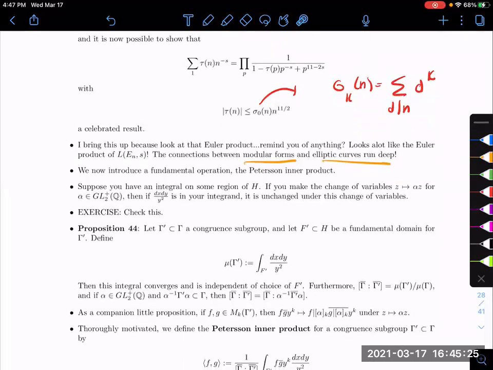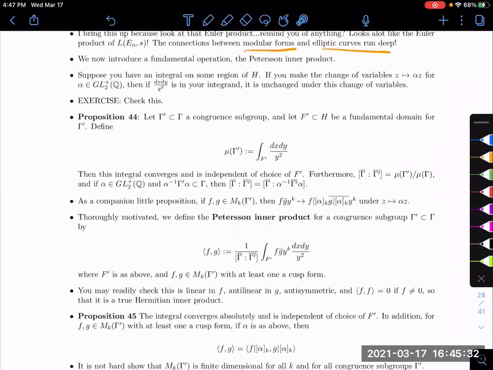But the next thing we're going to go on and talk about is the so-called Petersson inner product. The Petersson inner product stems from a crucial observation, which is this. Let's say I take the upper half plane and I have some region there, and I have an integral on that region. Let's say then I make a change of variables on that region.